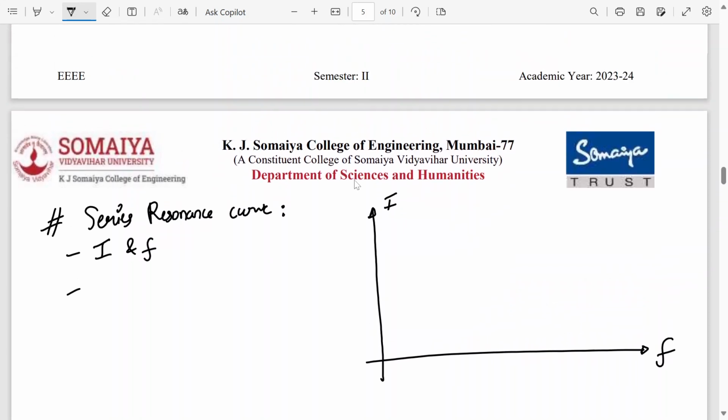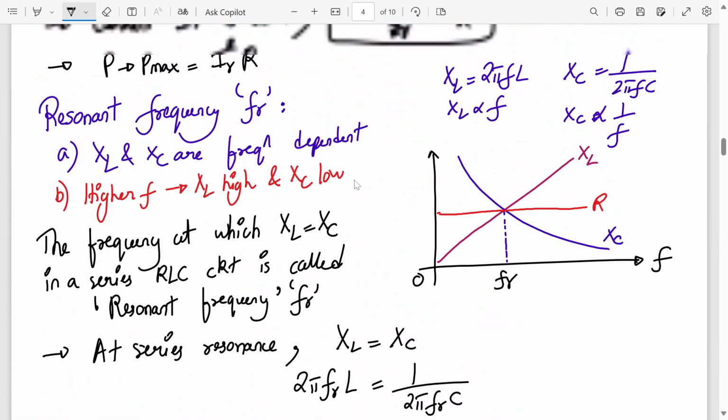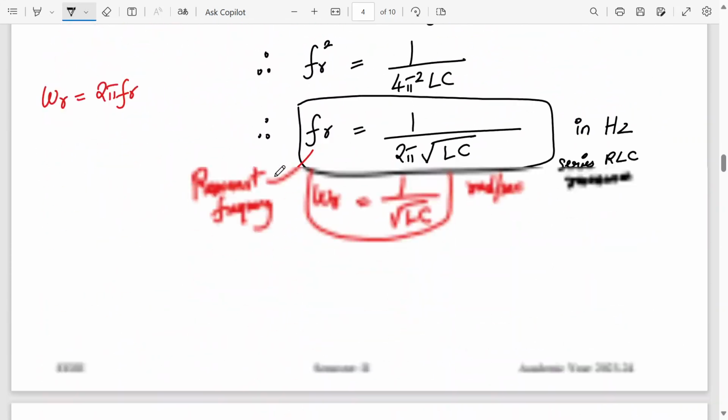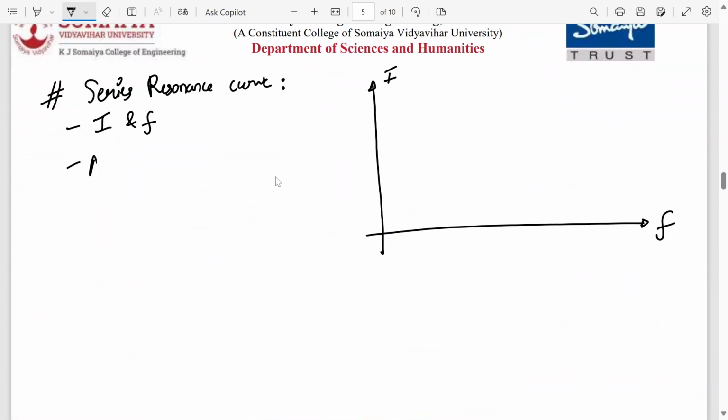Current reaches the maximum value at which frequency? Current is maximum at resonance. So that means at F equal to FR, my current will be maximum. Let's define this maximum point over here.